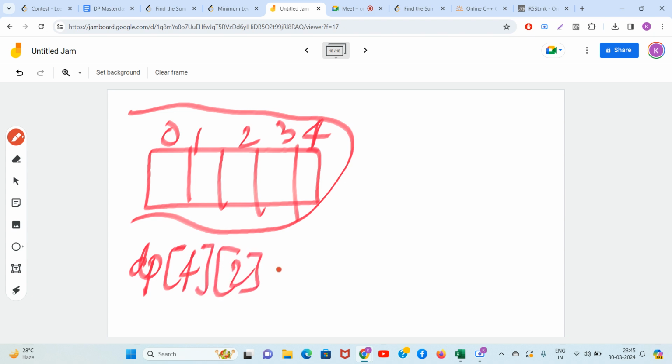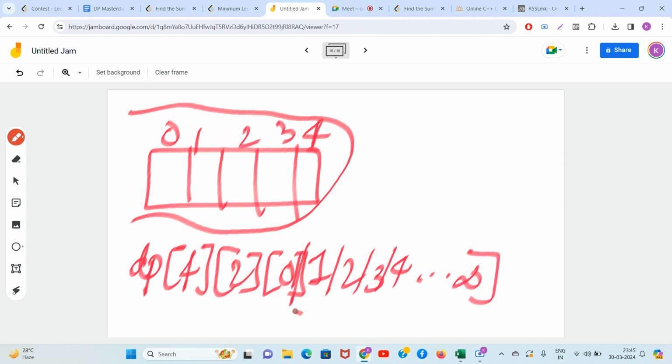You know the best answer for difference 0, 1, 2, 3, 4, let's say till infinity or a very big number. You know all these values. You know how many sequences there are of this length, that length, and so on.